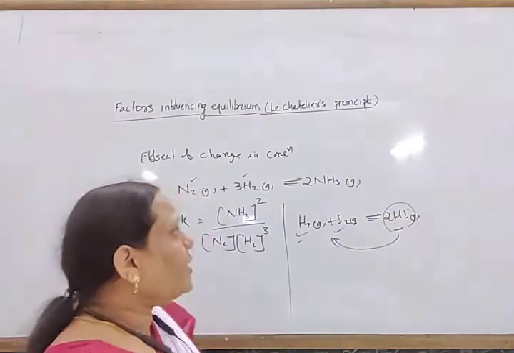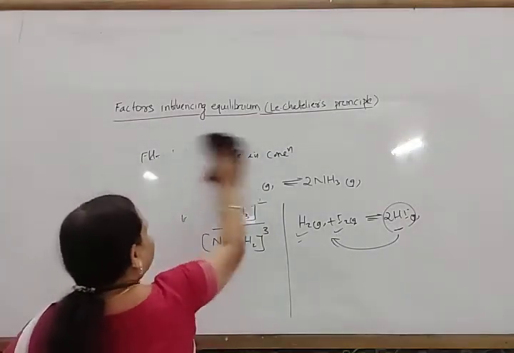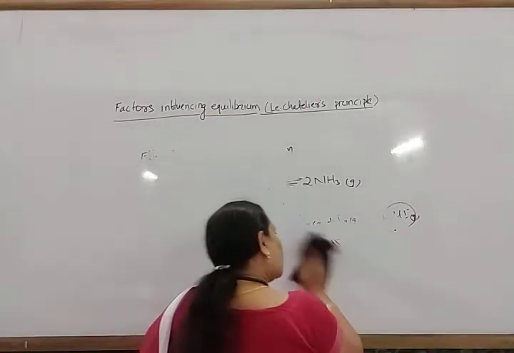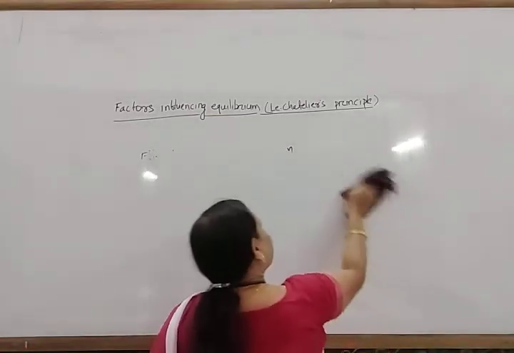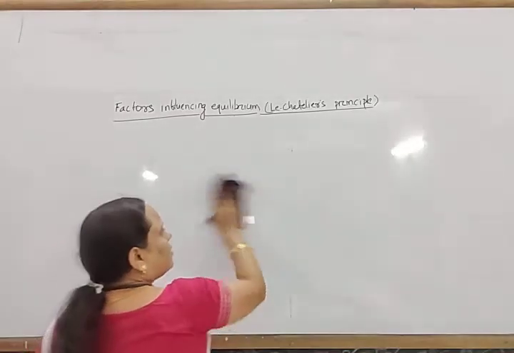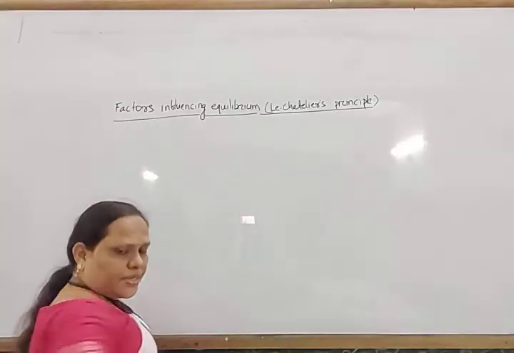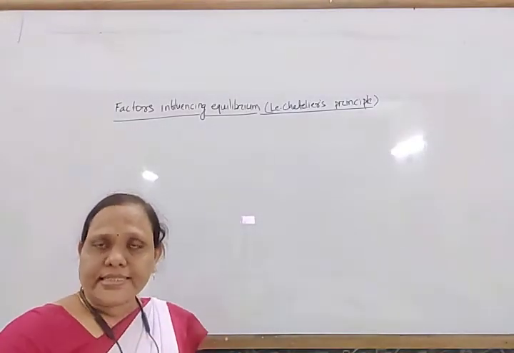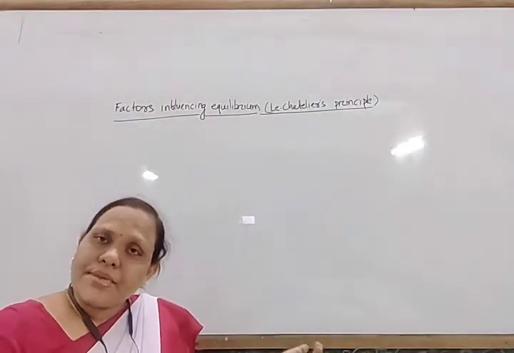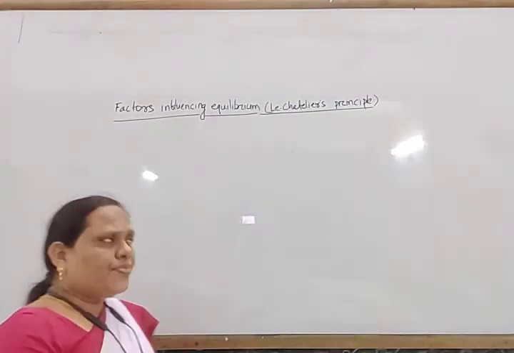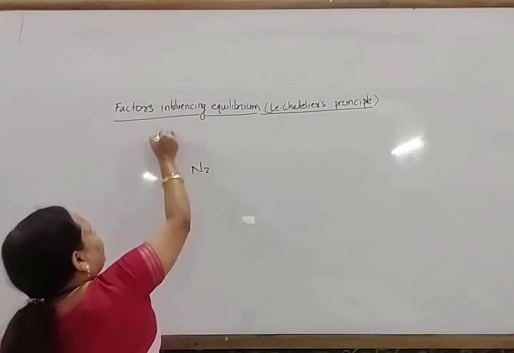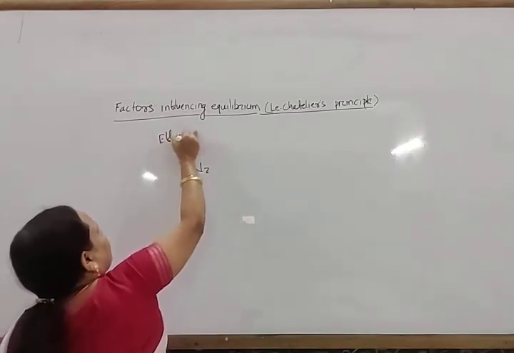Next, come to the effect of temperature. The reaction proceeds in such a direction that it can reduce the effect of change. So by changing the concentration, temperature or pressure, the equilibrium shifts in another direction to reduce that effect. For example, this is the effect of change of temperature.